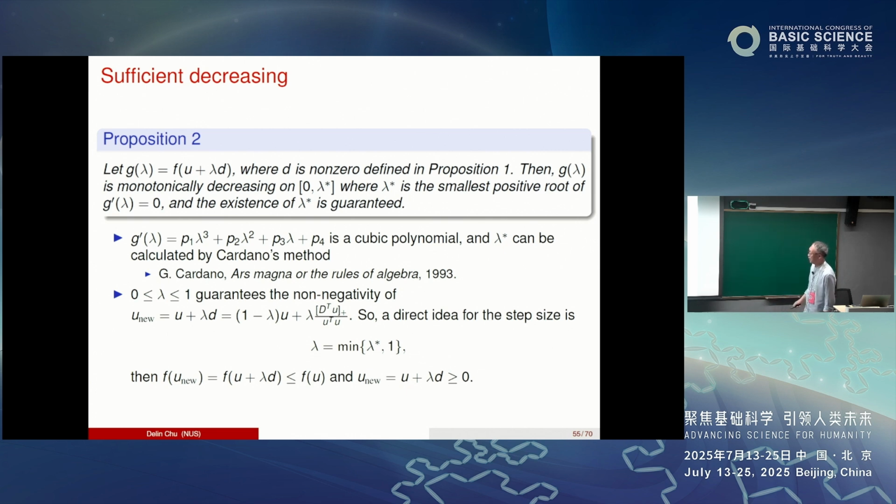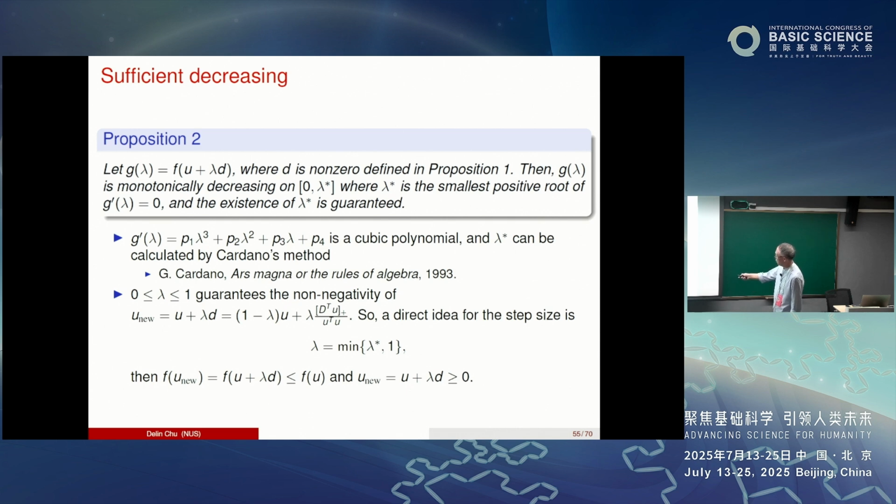For example, we can use this method very quickly. Also, we know lambda between 0 and 1 is necessary in order to guarantee the non-negativity of the new u. So now we combine this condition and these results together.